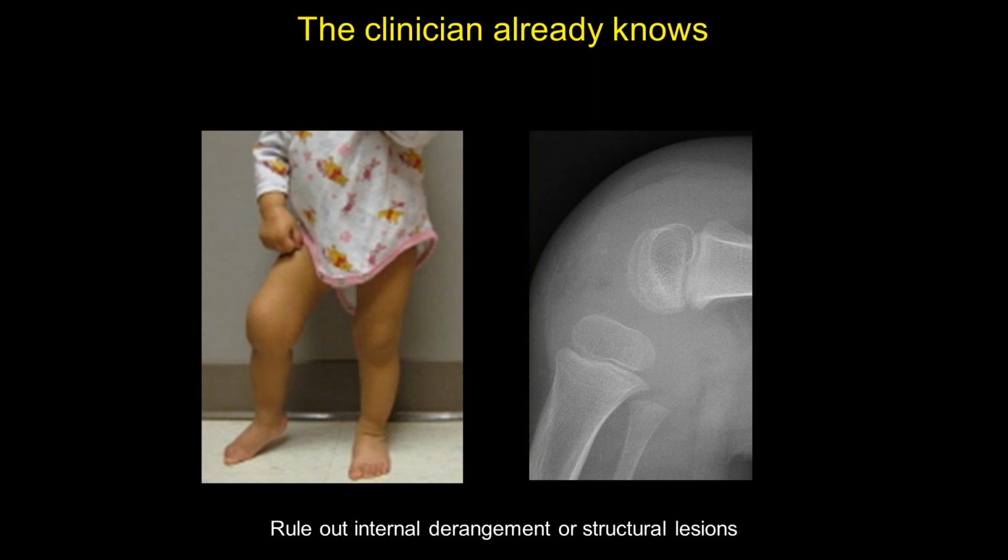It's really easy for every clinician or parent or radiologist to determine that there is this massive swollen right knee. So they will mainly ask us to rule out internal derangement or try to see if there are structural lesions that may cause this type of swelling. Otherwise, they know that this is a patient with JIA.